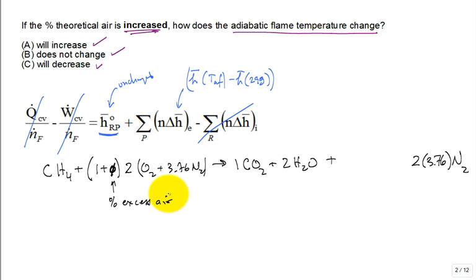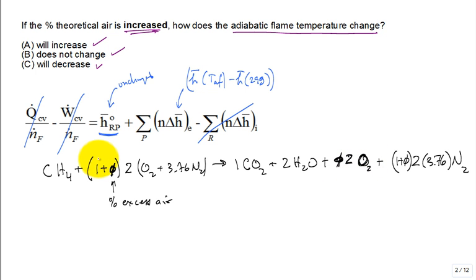Then I'm going to have 1 plus phi go along for the ride on the nitrogen. And for the oxygen, I'll have phi times 2. Does that make sense?